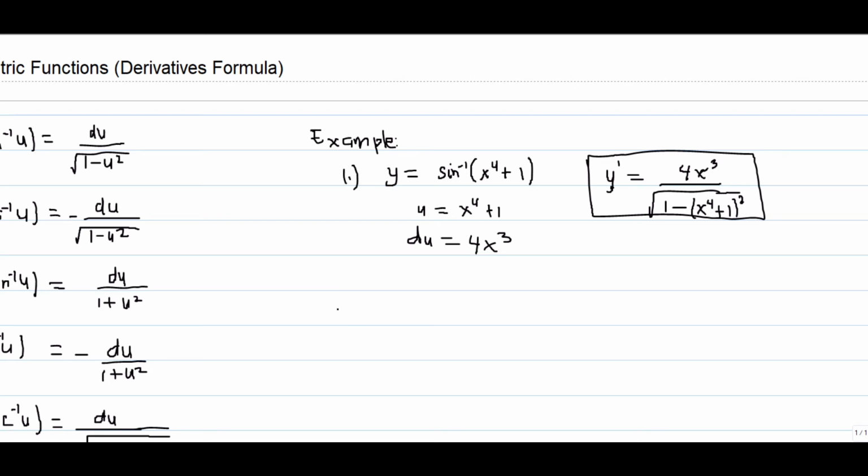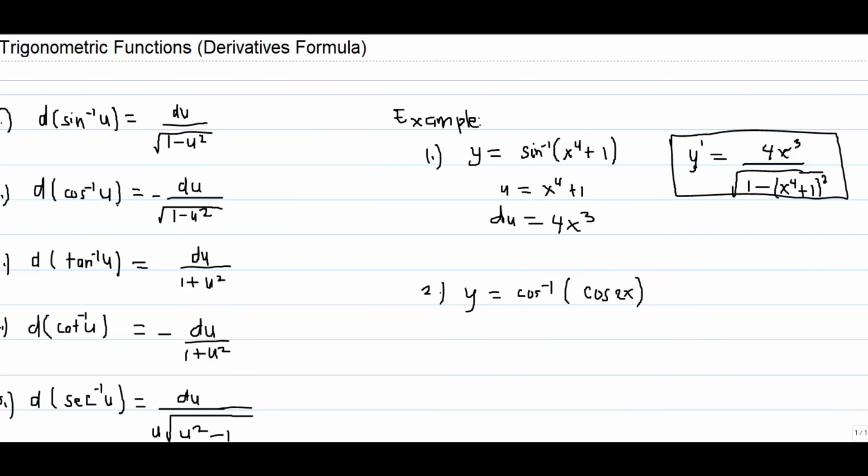So if you are given this problem, y is equal to cosine inverse of cosine 2x, use number 2, which is the derivative of cosine inverse u is equal to negative du over the square root of 1 minus u squared.